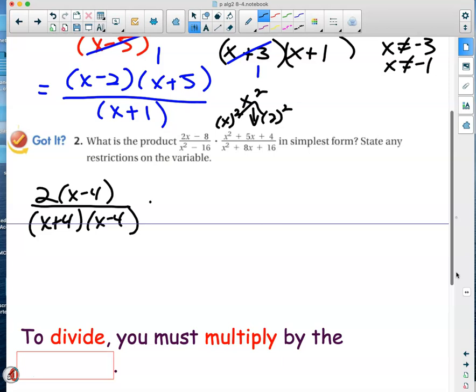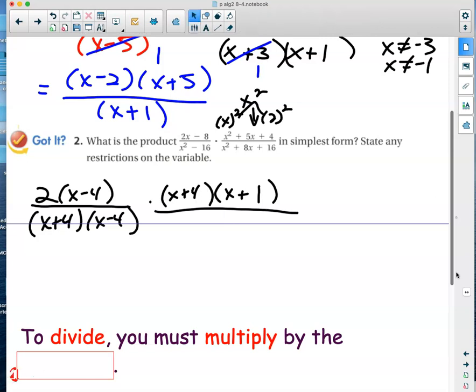So it means good old-fashioned factoring again, which some of you have already done. I can see that. What numbers did you use? 4 and 1. Now on the bottom, x squared plus 8x plus 16. That might be another perfect square trinomial to check out. This is x squared.